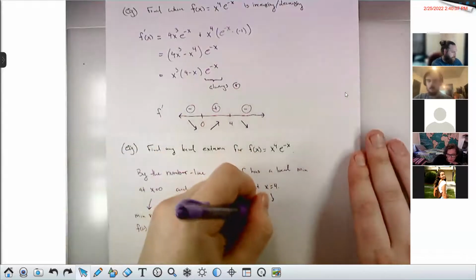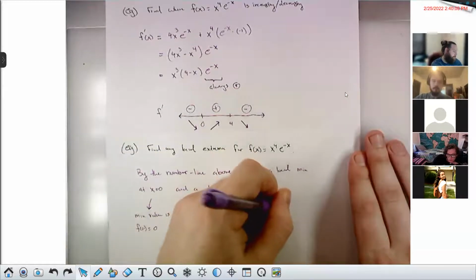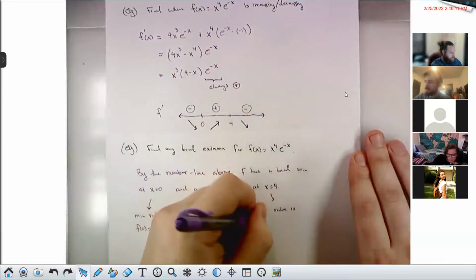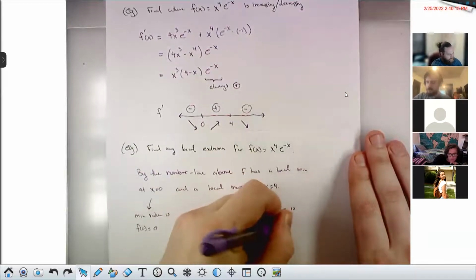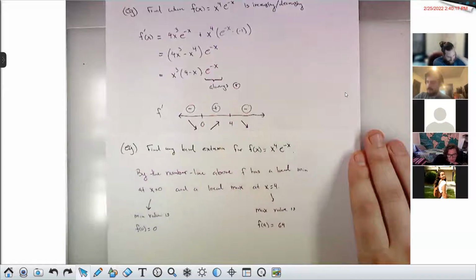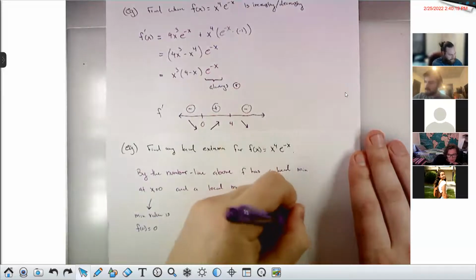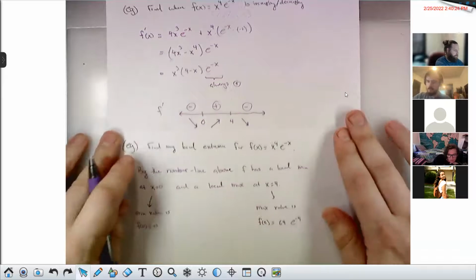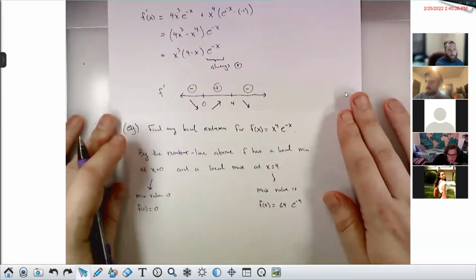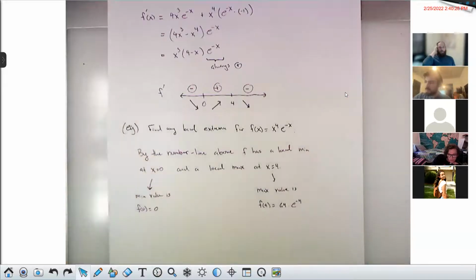And the max value is f of 4, which would be 4 to the 4 times e to the negative 4. In other words, we know the points, right? The local min is at the point 0, 0, and the local max is at the point 4, 64 e to the negative 4.